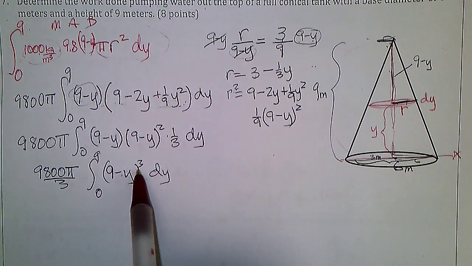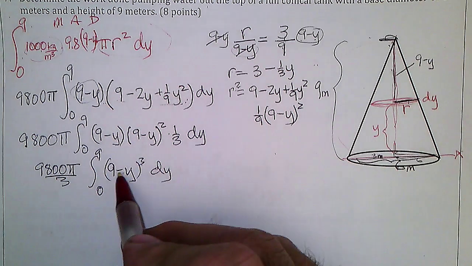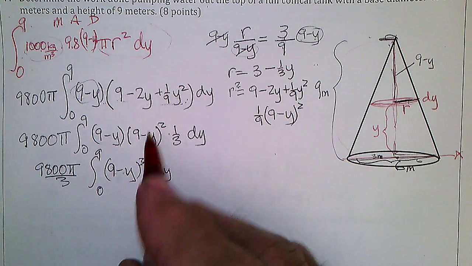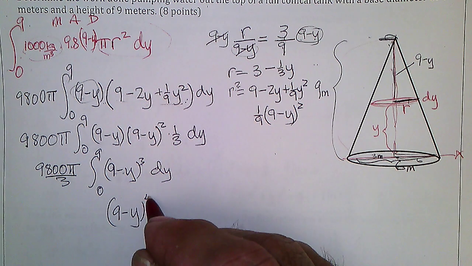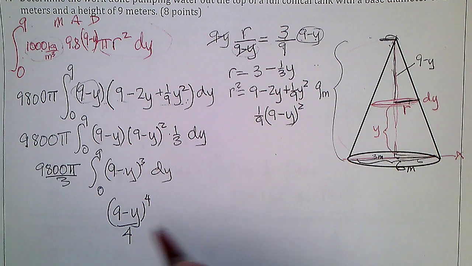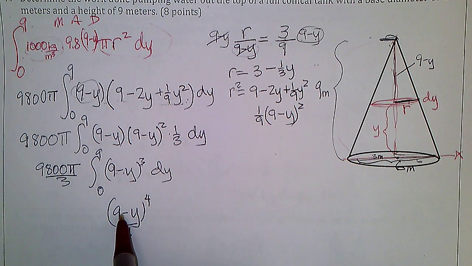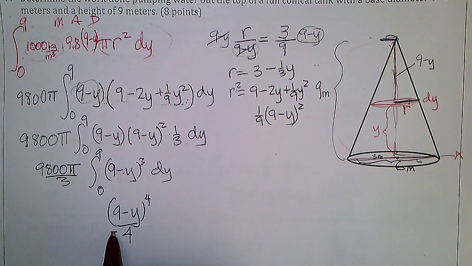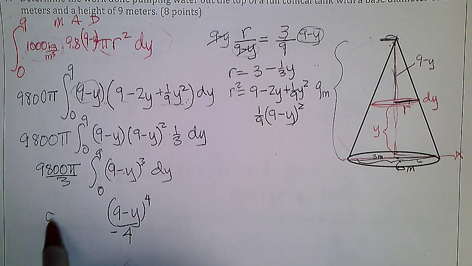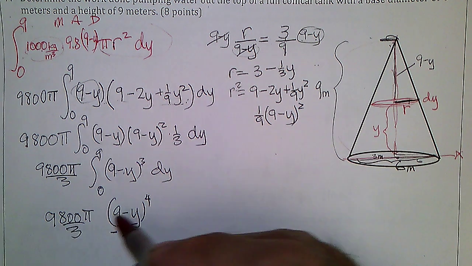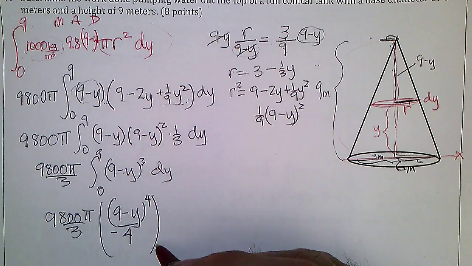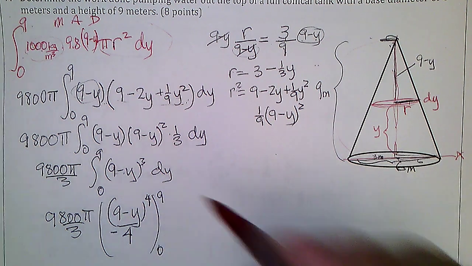And that, I think, would be fairly easy to integrate. It would be 9 minus y to the 4th over 4, but the derivative inside would produce a negative, so I got to put a negative on this. Evaluated from 0 to 9.